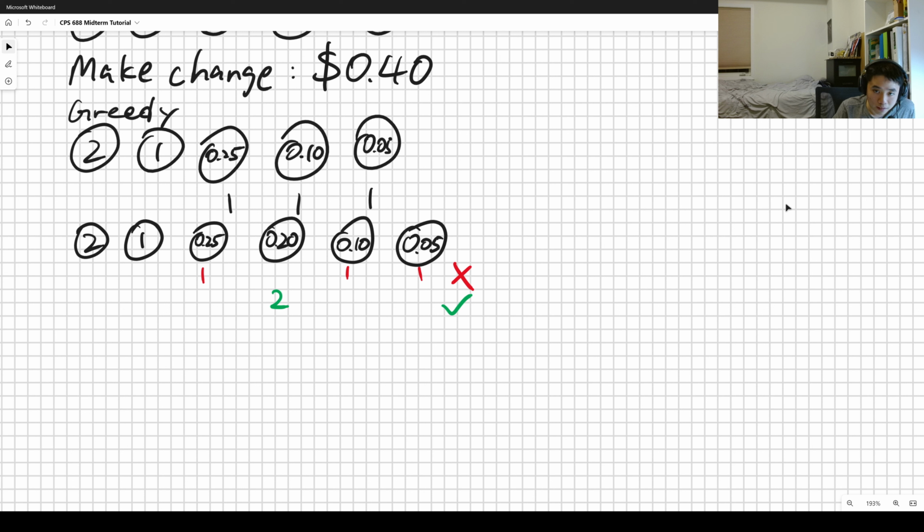So, how we do dynamic programming is that we split our problem into smaller pieces again, but the way we split them is going to be a little bit different.